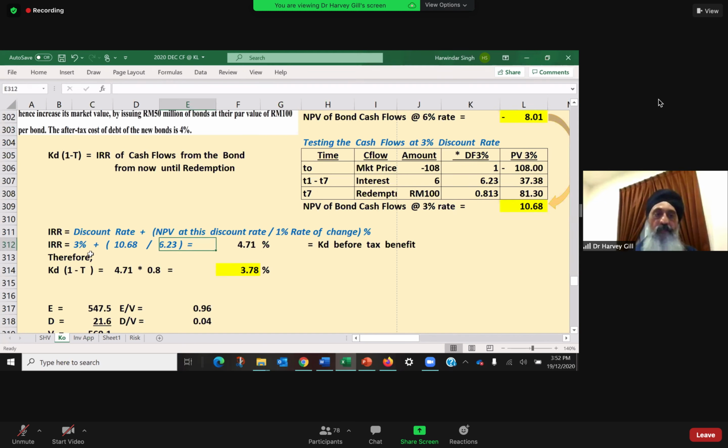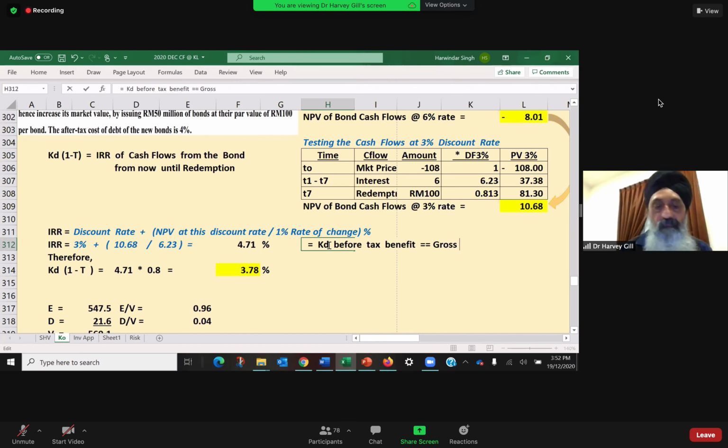So 3% plus, because now I know my KD is more than 3%, plus 10.68 divided by 6.23, I'll get 4.71. So this would be my gross redemption yield. This is called KD before tax benefit, or in the stock market we call this gross redemption yield.